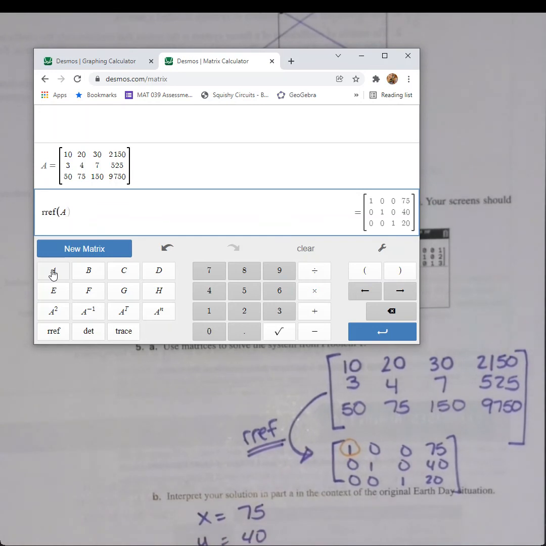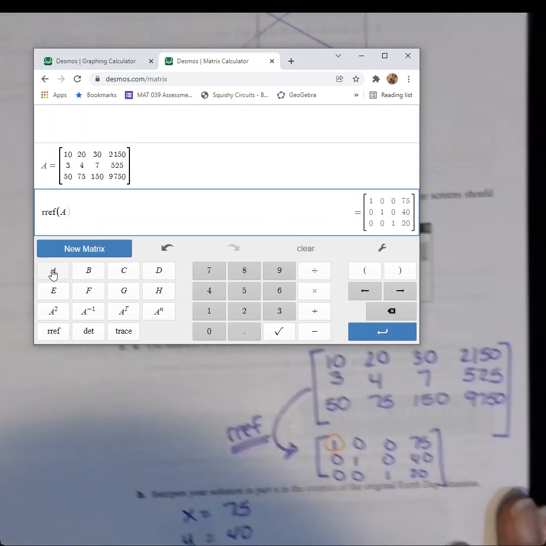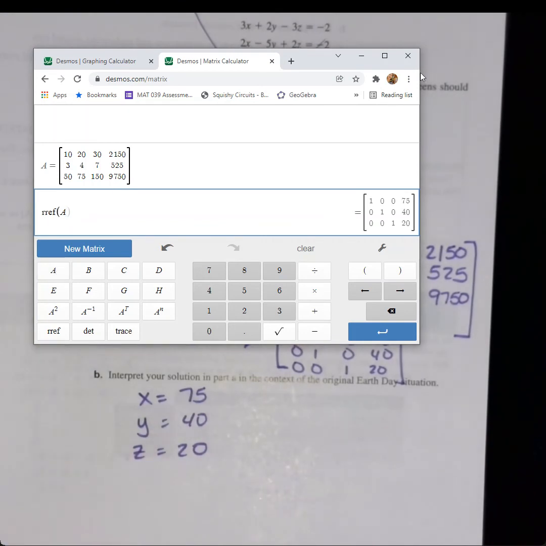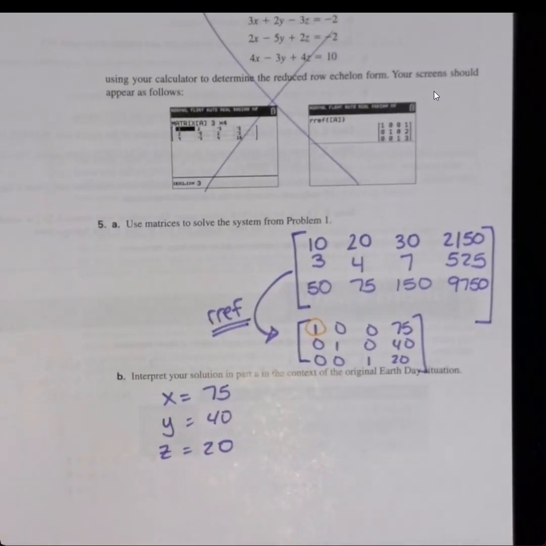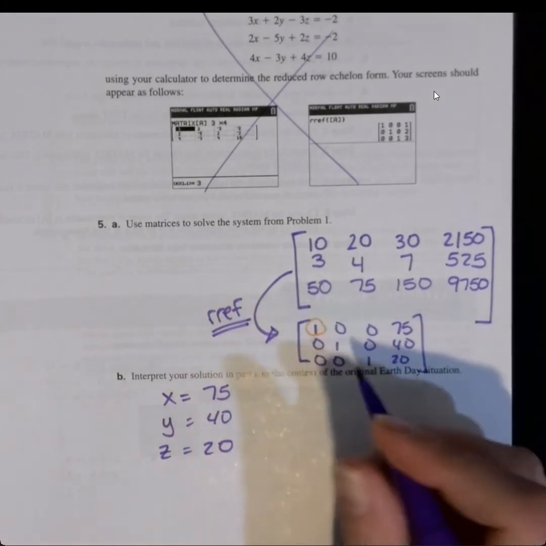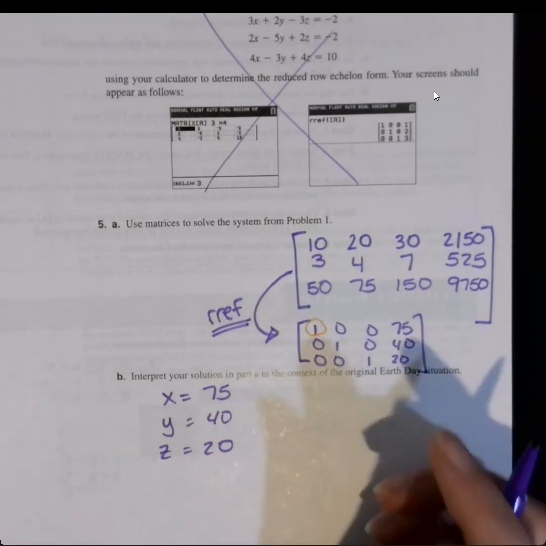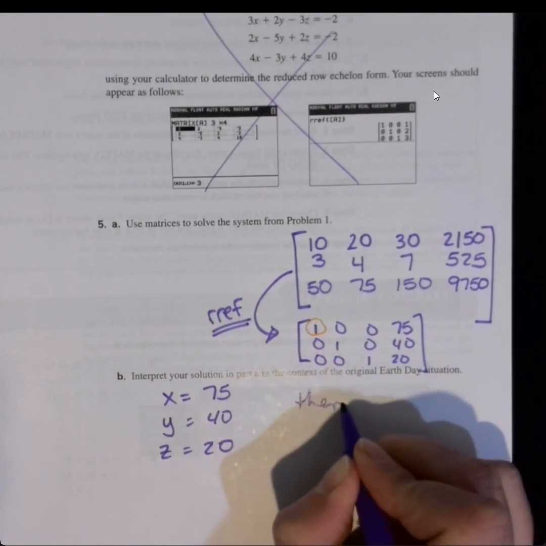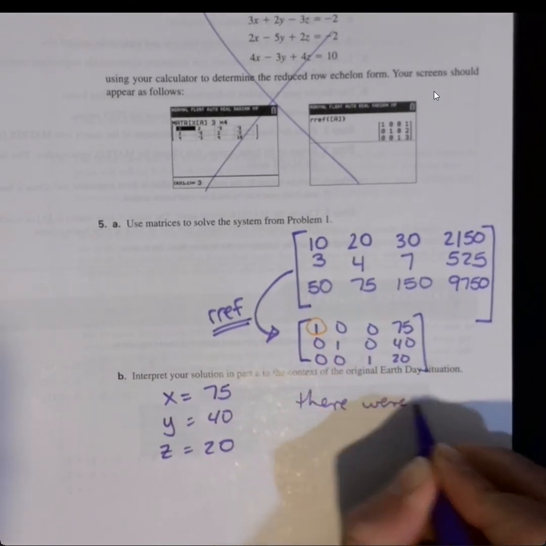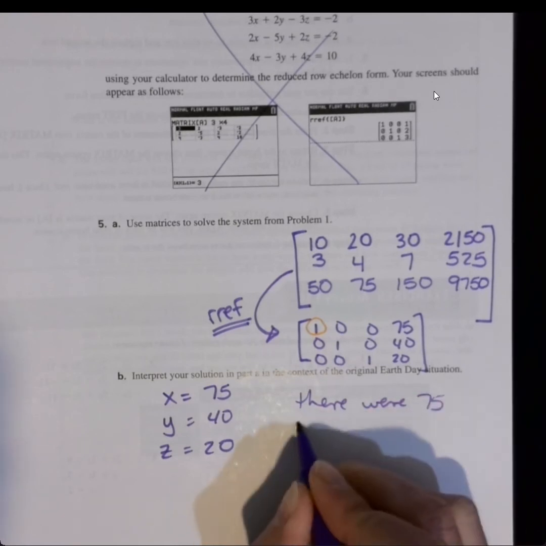And again, because this is a word problem, we're going to get rid of my decimal screen there. We're going to interpret this back in context. So x is the number of middle schoolers. So there were 75 middle schoolers.